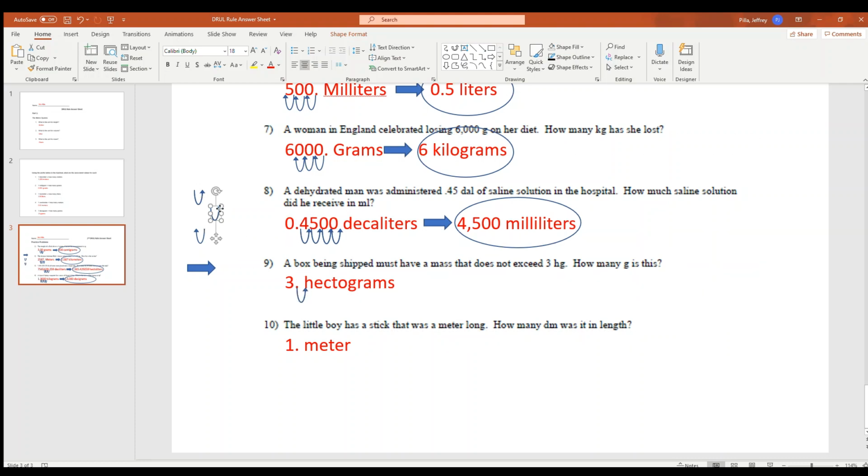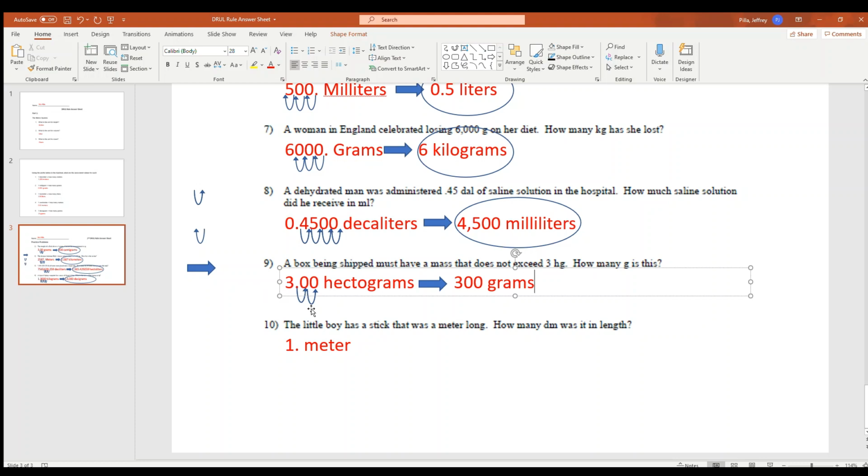So we're going to move it 2 times. Because there's no numbers there, we're going to add zeros. Oops, I put the zeros in the wrong spot. There we go. And we end up with a new number, and that number is 300 grams.